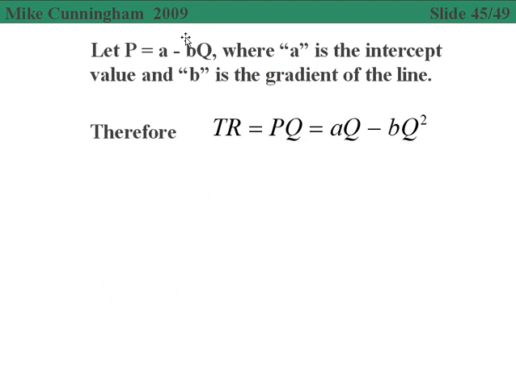There are no exponents, no squares or cubes or complicated expressions in there. If we multiply P by Q, we get AQ minus BQ squared.